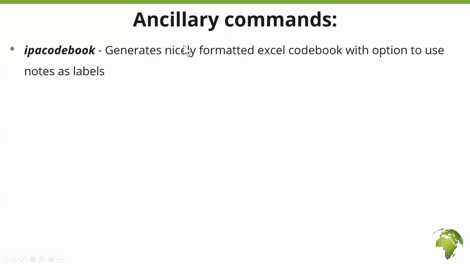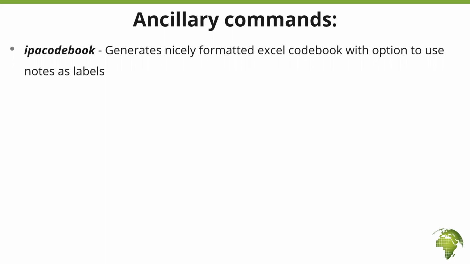The ipacheck codebook command generates a nicely formatted Excel codebook, with an option to use the notes as labels. For those of you who have worked with codebooks, one of the bigger issues is that labels are limited to 80 characters, and in most cases you have labels that are longer.